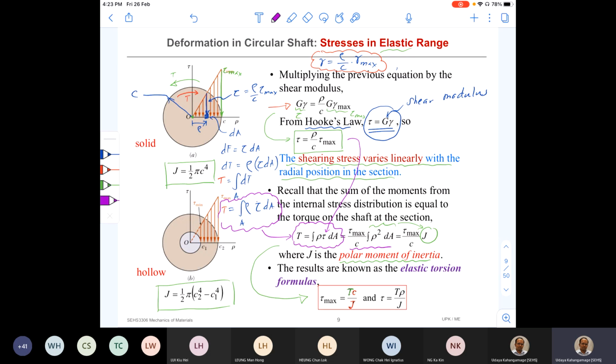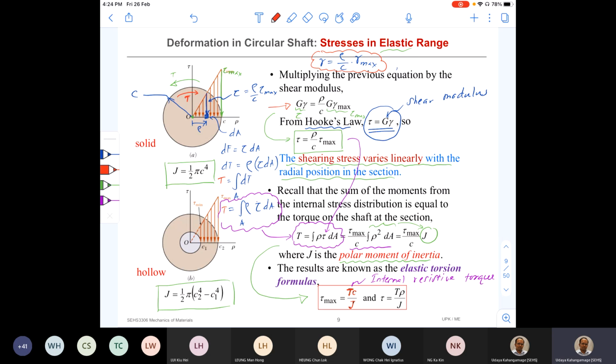That reminds me of a very important thing: this T is the internal resistive torque. Maybe I will mark it in red color. The same T I marked here is the internal torque.